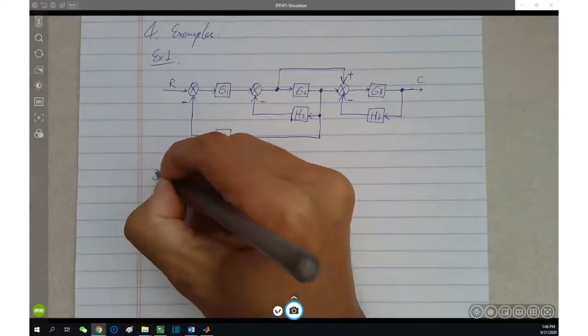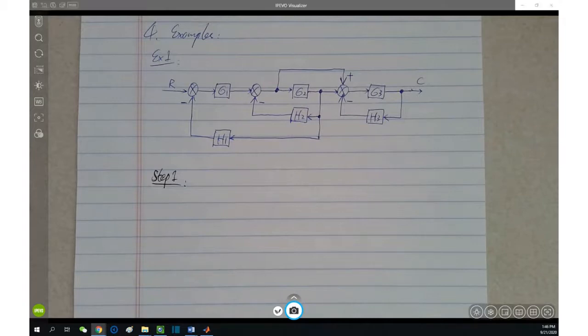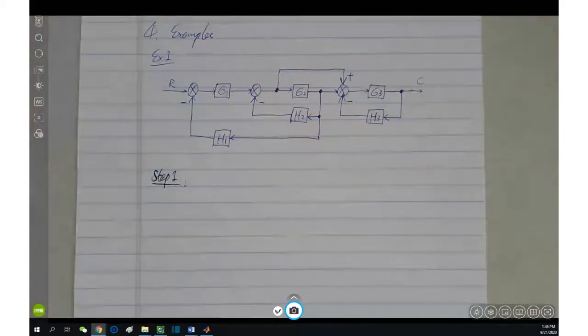Step one. Organize this, recalling the tips. Number one, we just mentioned we need to look through the given system to see any available basic ones, right? Anyone see any basic ones? Cascade, parallel, or feedback?